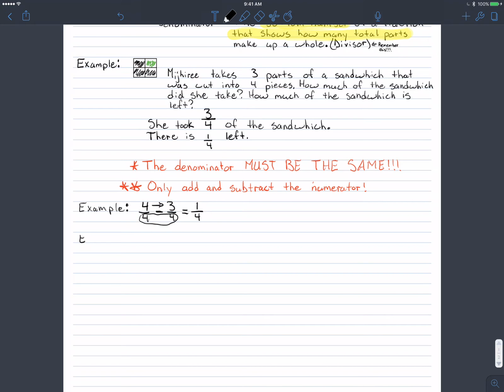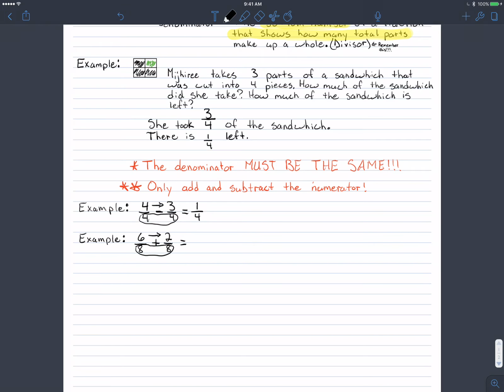Here's another example. So we'll take something like 6/8 and we'll add 2/8. Since our denominators are the same, this is something that can be added.